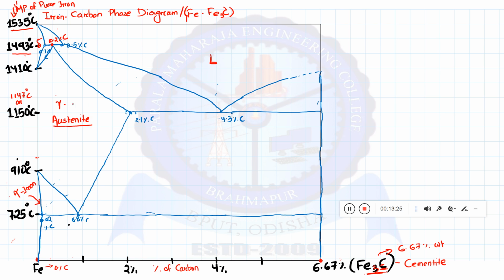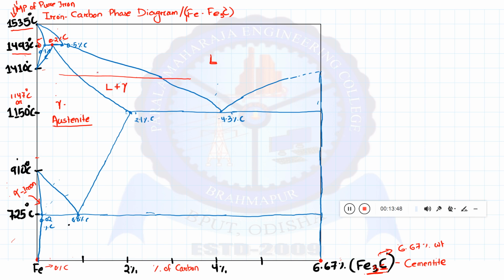Suppose for example, if I draw one horizontal line here, or basically an isotherm, it is starting from the gamma austenite and ending at the liquid phase of iron. So this will be liquid plus gamma.